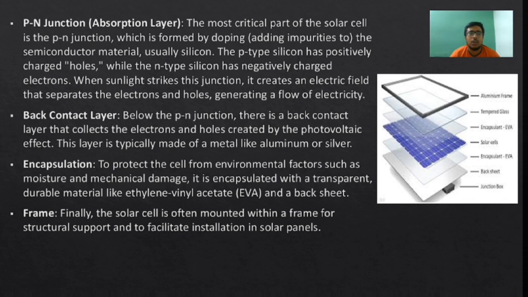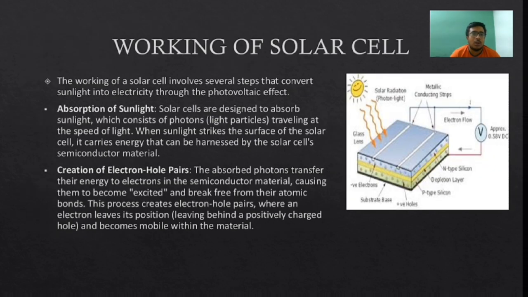It is encapsulated with transparent durable materials like ethylene vinyl acetate and a backsheet. Finally, we apply a frame. Finally, the solar cell is often mounted with a frame for structural support and to facilitate installation in solar panels.